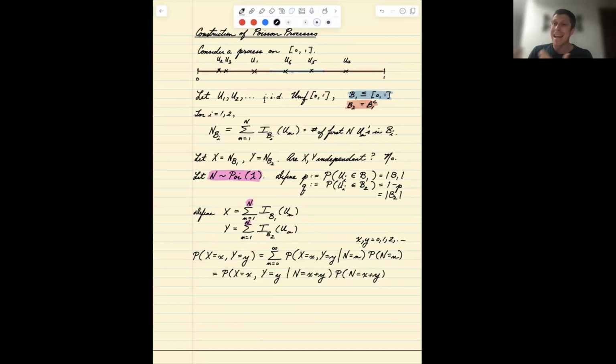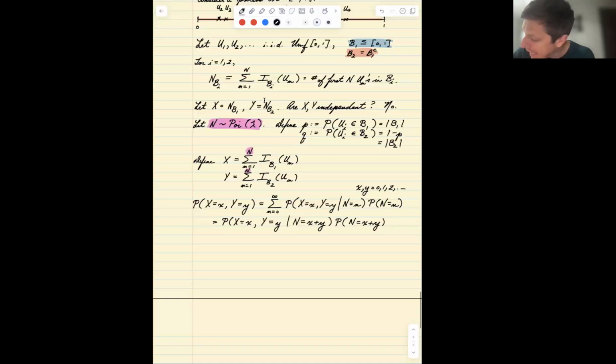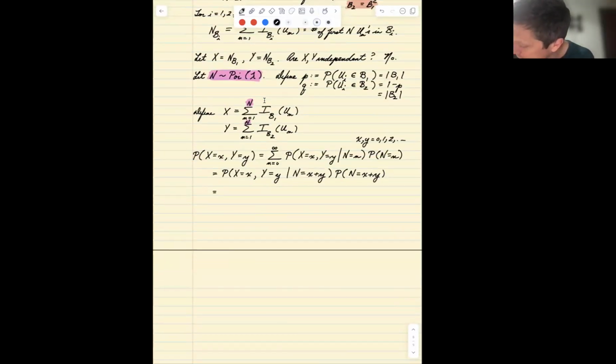If we think of B1 as success and B2 as failure, we want exactly x successes out of n. So this is exactly a binomial random variable with success probability p.